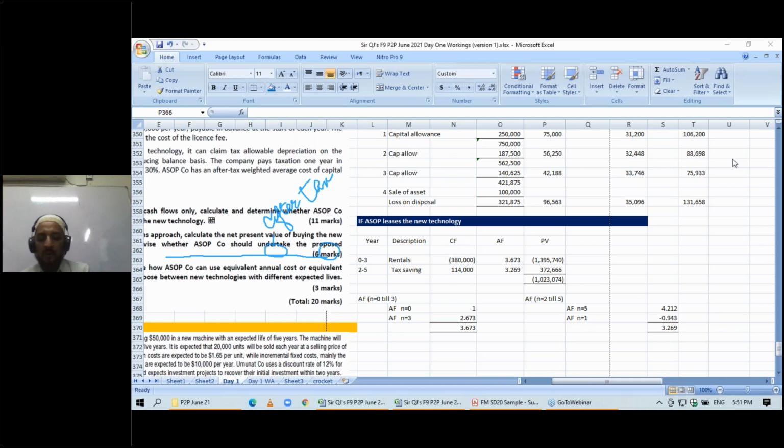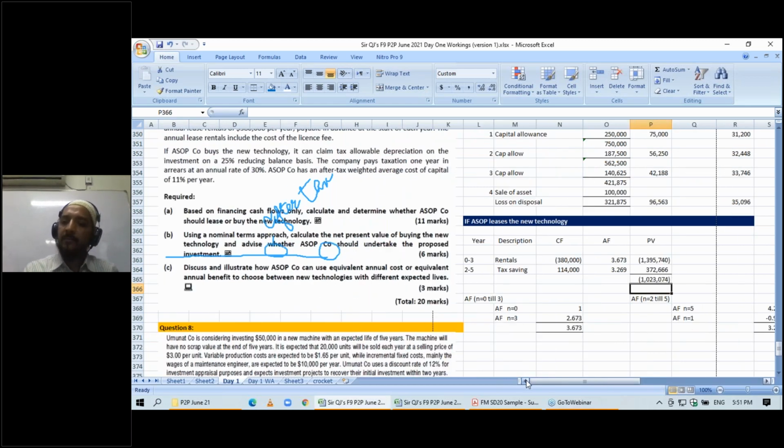You have a small assignment for tomorrow: you have to do part B of this question. You have to calculate the net present value, the simple net present value which we calculate with inflation and all. Part B is to be done by you because it is just a present value calculation.